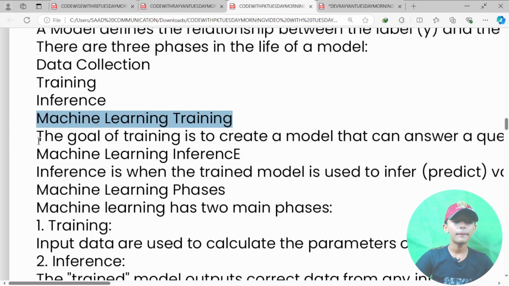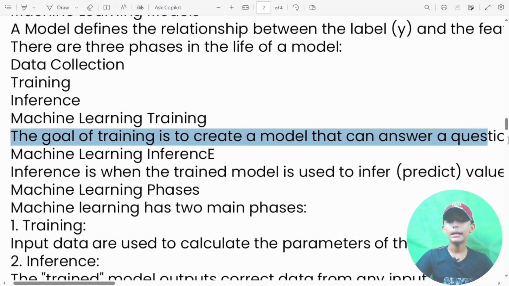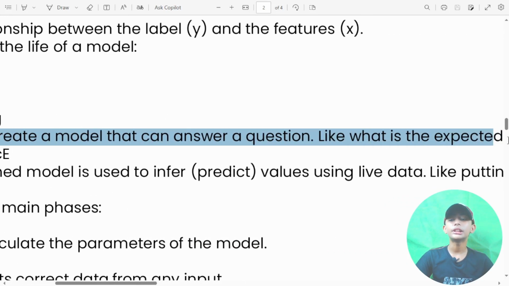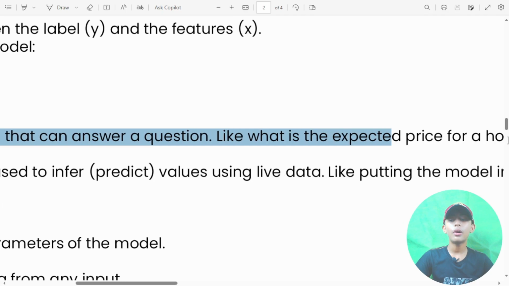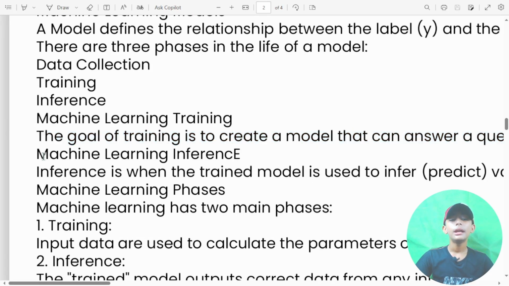Machine learning training: the goal of training is to create a model that can answer a question like what is the expected price for a house.